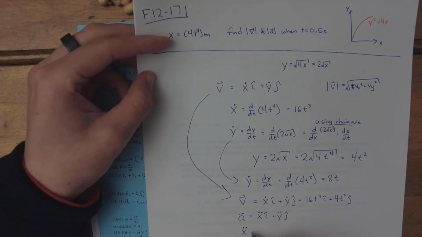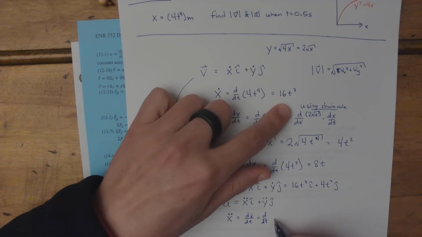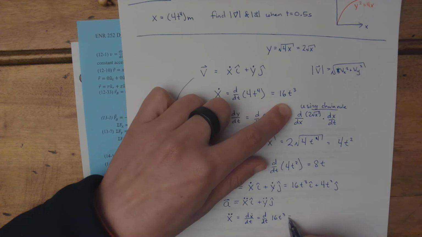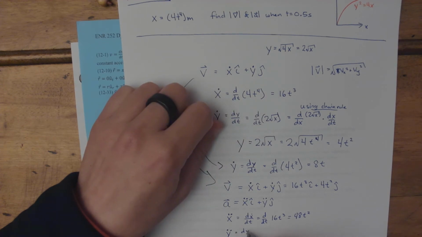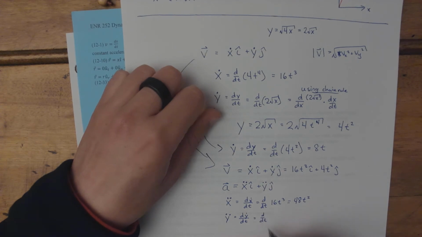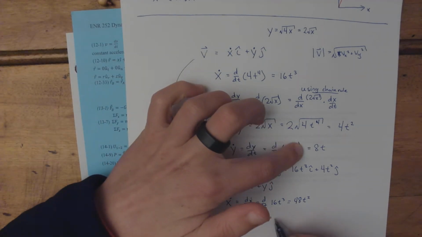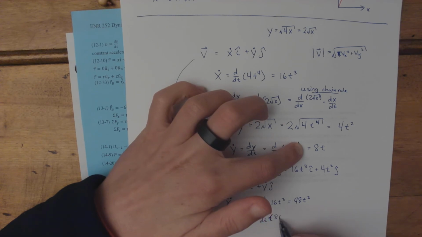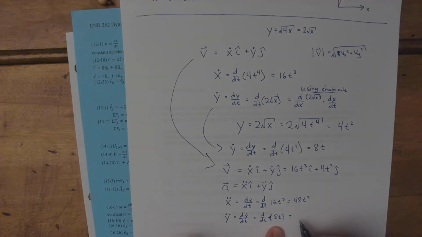So x double dot is the derivative of x dot with respect to t, which is the derivative of 16 t cubed with respect to t, which is 48 times t squared. y double dot is the derivative of y dot with respect to t, which is the derivative with respect to t of 8t, which is just 8.